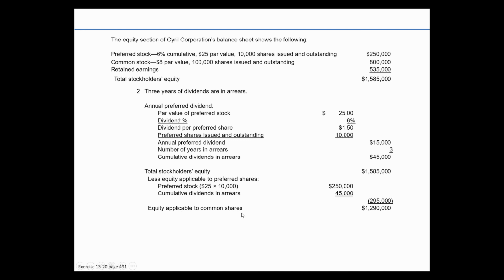So the equity applicable to common shares is $1,290,000. The book value of preferred shares is 295,000 divided by the 10,000 shares, which is $29.50. And the book value of common stock is 1,290,000 divided by 100,000 shares, which is $12.90.